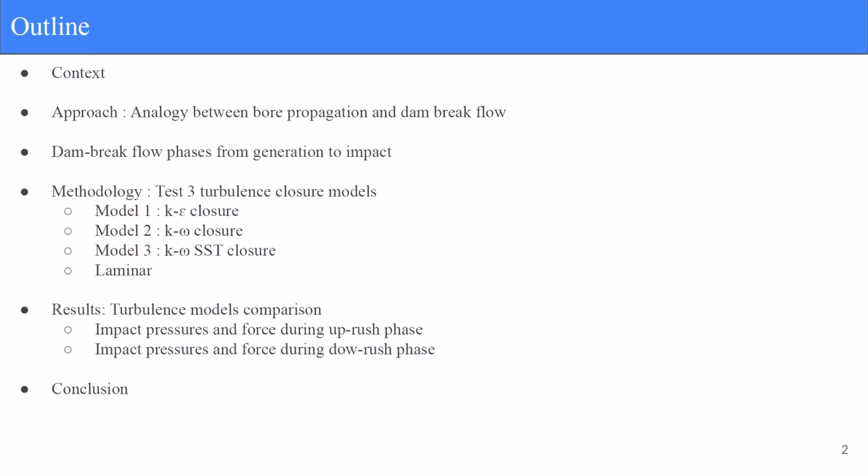Other models are also studied, like the K omega SST modified models by Larsen and Fuhrman 2018, but not shown here. And also the laminar case, showing the results. What are the real discrepancies found regarding the impact parameters, and finishing my talk with a conclusion.